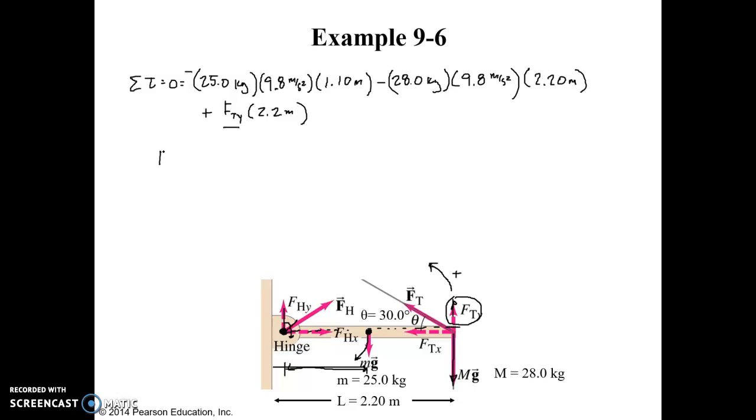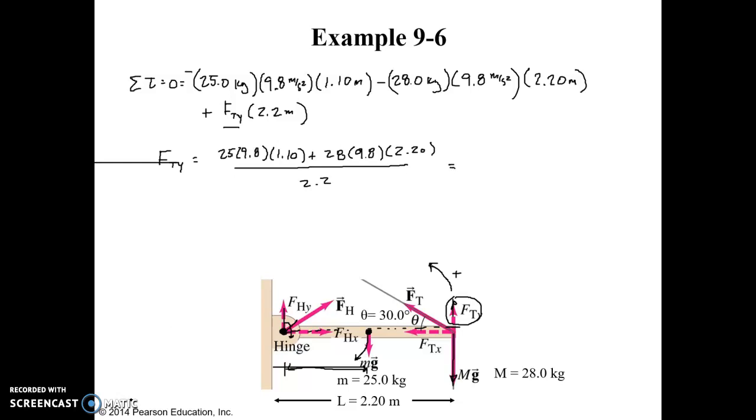So my FTY, I don't know why it does that there. At any rate, that's going to be equal to 25 times 9.8 times 1.10 plus 28 times 9.8 times 2.20, all of that divided by 2.2.